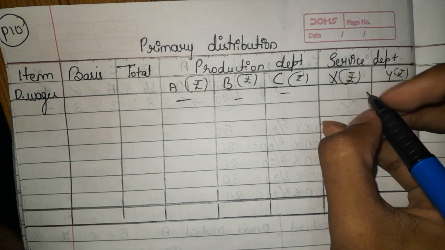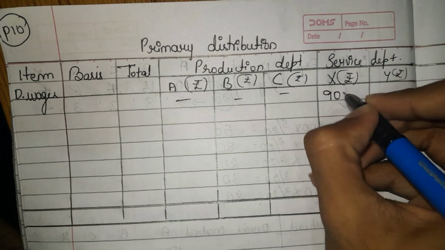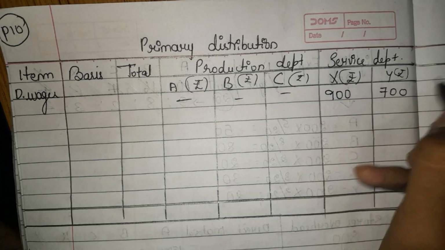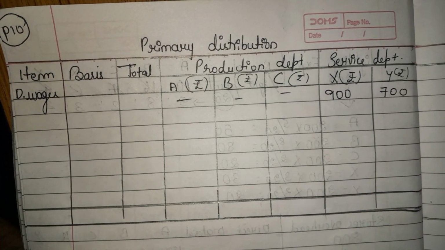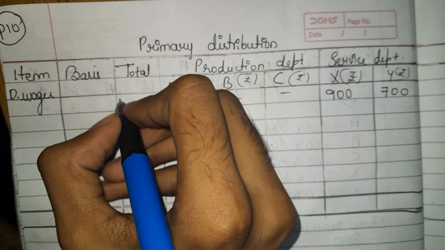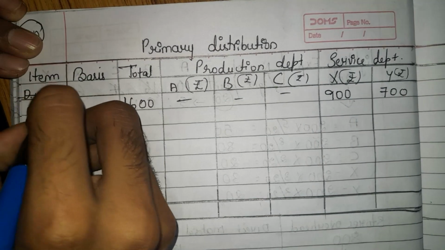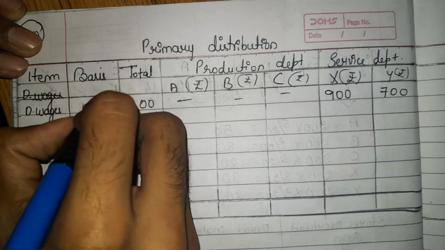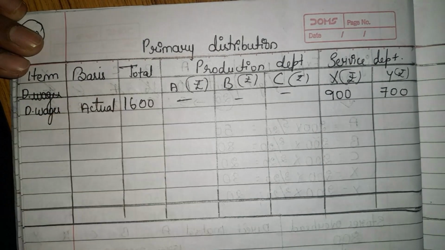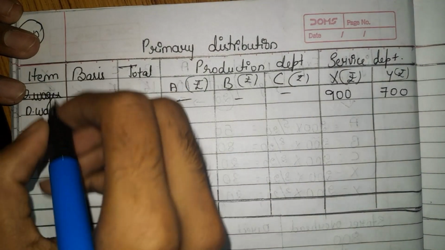So direct wages of X department is 900 rupees and Y department is 700 rupees. 700 plus 900 is nothing but 1600. I should write here direct wages, it is 1600. It is the actuals.